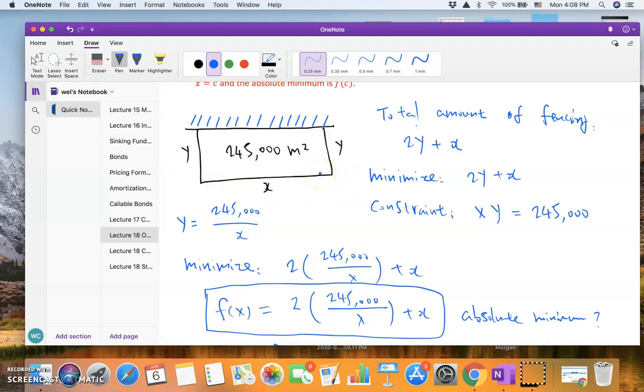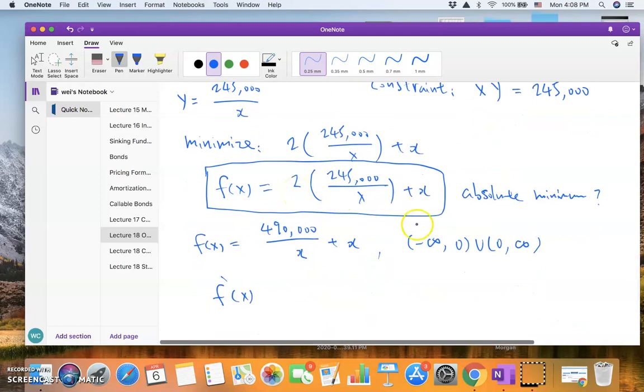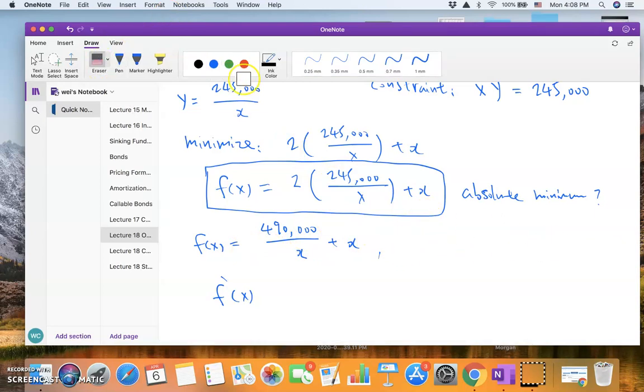Therefore, it cannot be 0 or negative. So when we consider the domain of this problem, it should be from 0 to positive infinity.